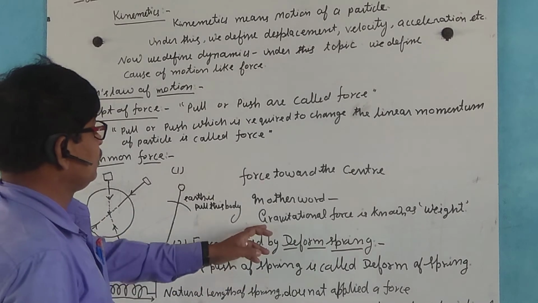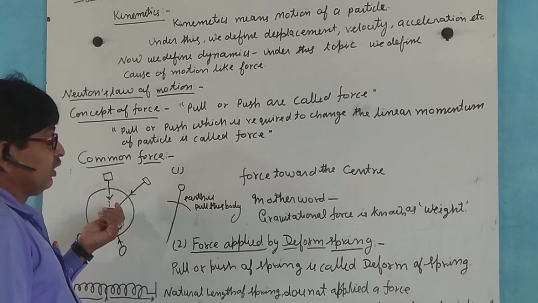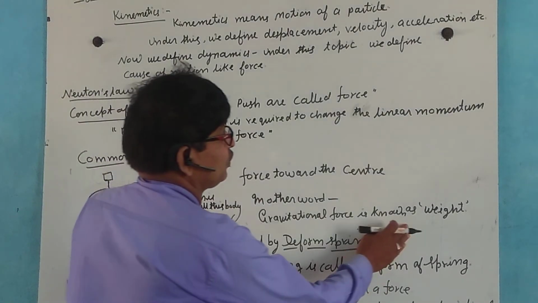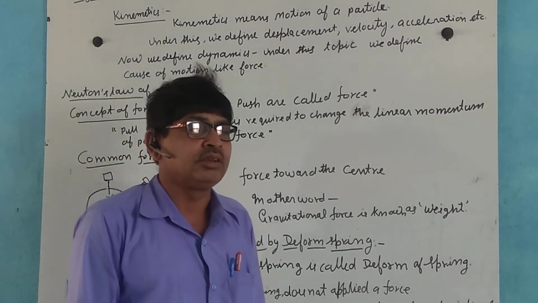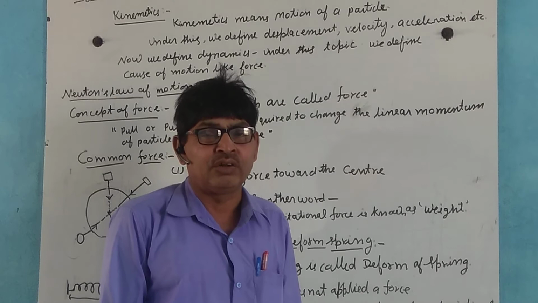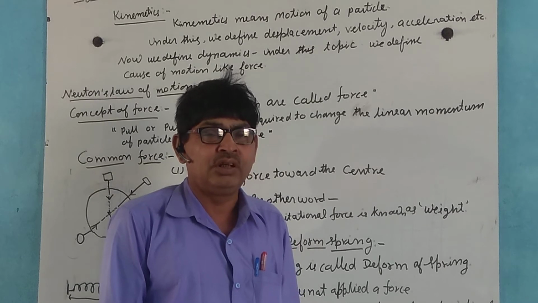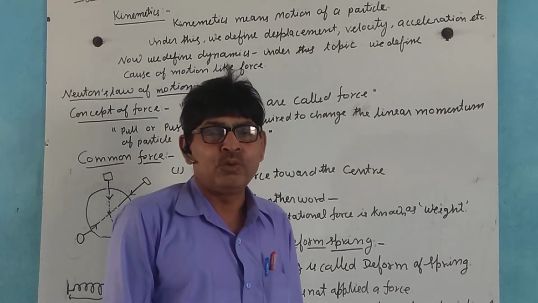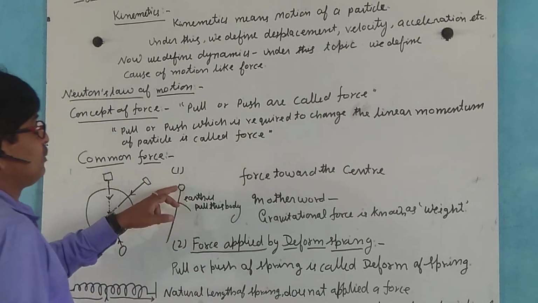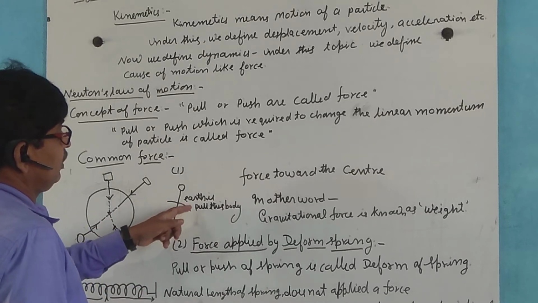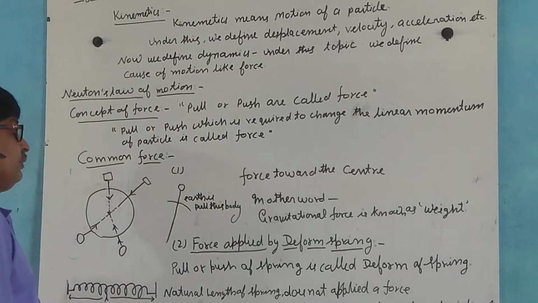In other words, that is known as gravitational force, and this gravitational force is also known as the weight of any body. It means that all the bodies that are attracted by our earth toward its center, that force is the attraction force, and it is also called the weight of that body. Now this is the body and this is our earth. The earth pulls this body toward the center.